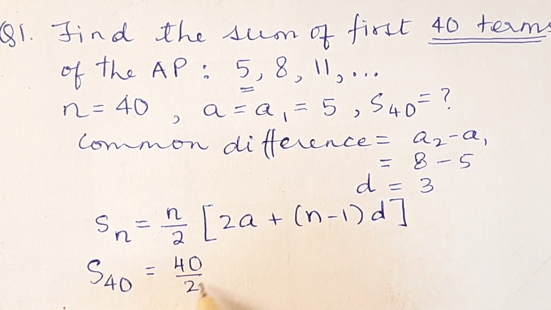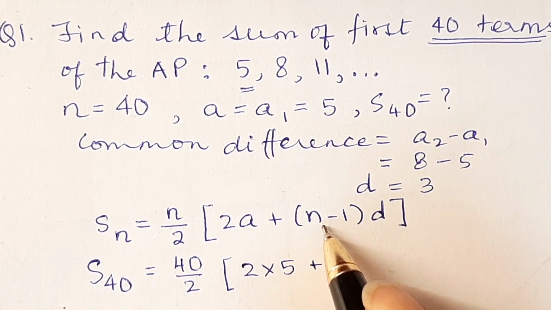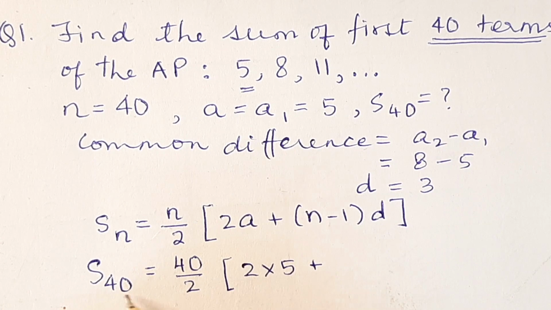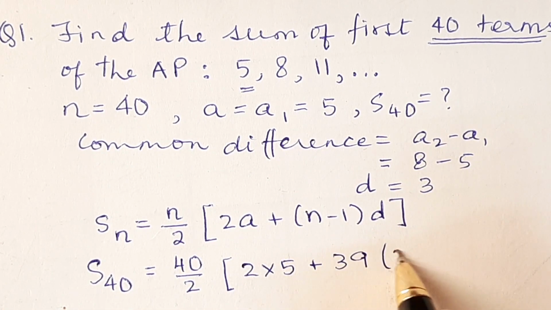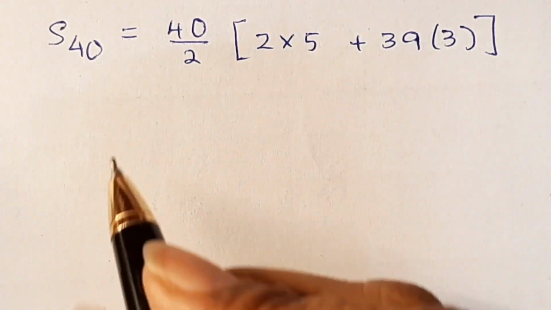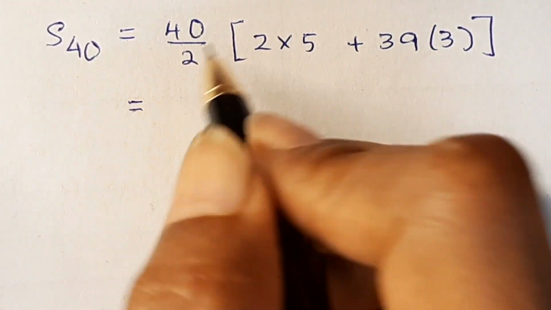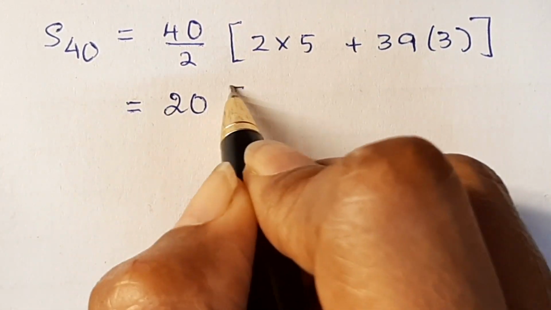So, 40 upon 2 into bracket 2a, which means 2 into 5, plus n minus 1 becomes 40 minus 1, that is 39, and d is 3. So 40 upon 2 becomes 20.